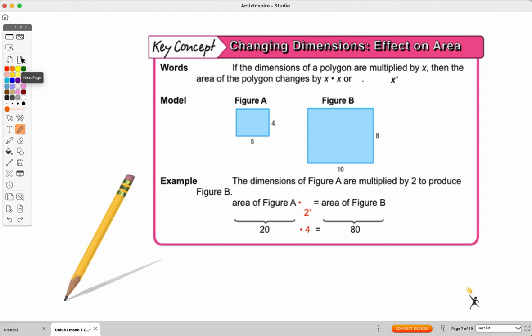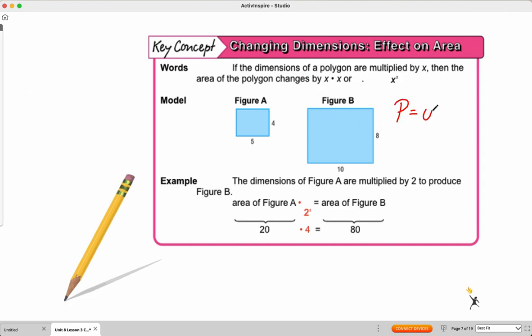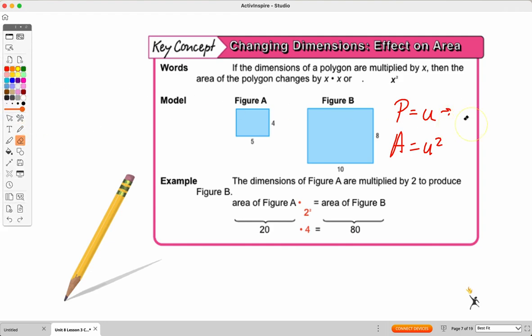Now, another way to think about this, and I like this because I think of the units. Perimeter is just a unit. Area is unit squared. So here, the magnitude would just be times 2.